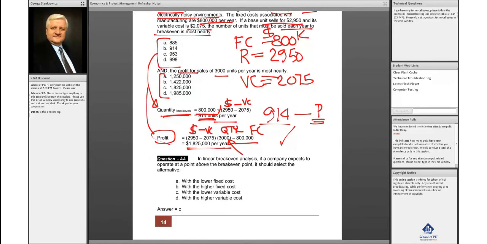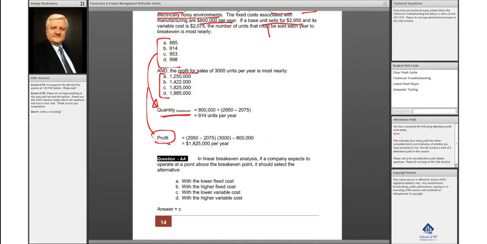So let's take a look at the next one. Now, one of the peculiar things about the NCEES exam is that you have to read every drop of ink or every pixel on the screen to make sure that you're interpreting the problem correctly and evaluating the solution steps properly.